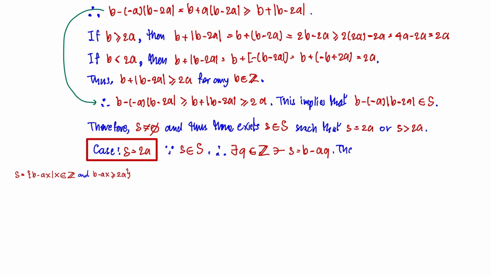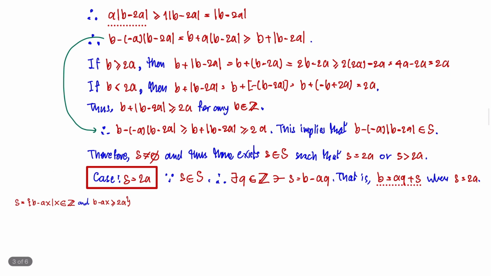That is, b equals aq plus s. That's the term we have, b equals aq plus r. But s in this case is 2a. So we have the first case already.